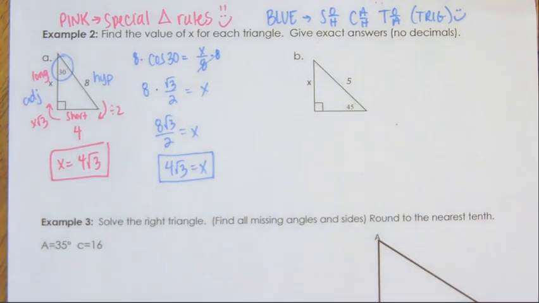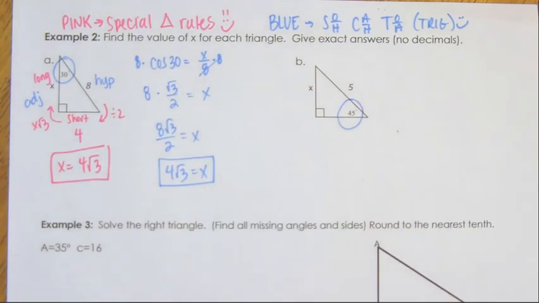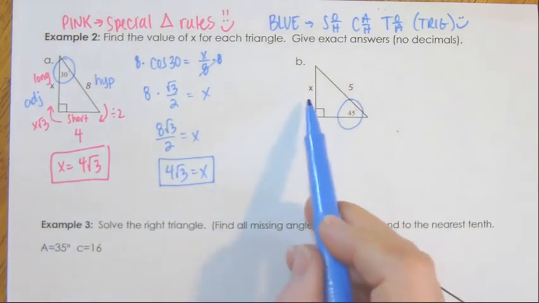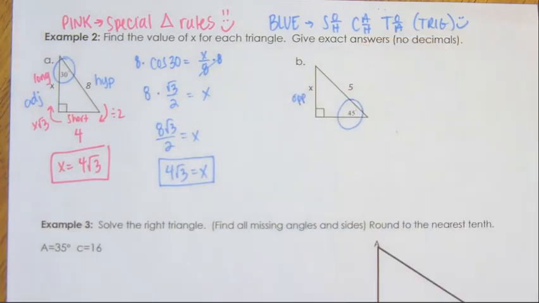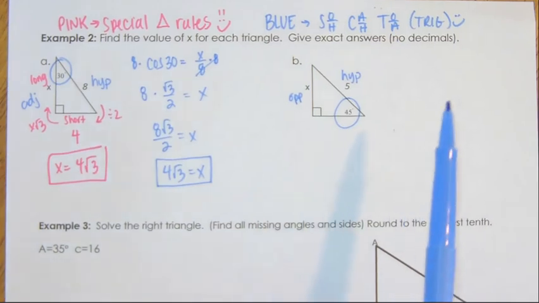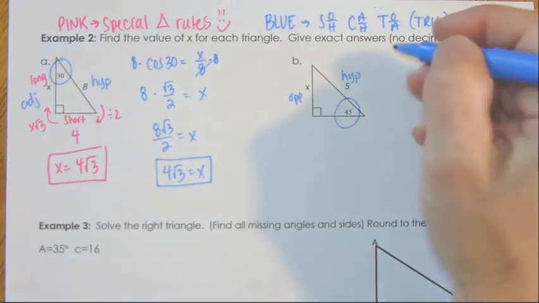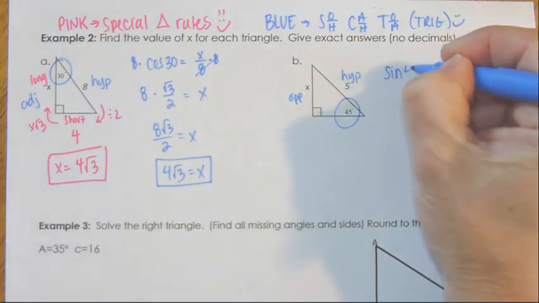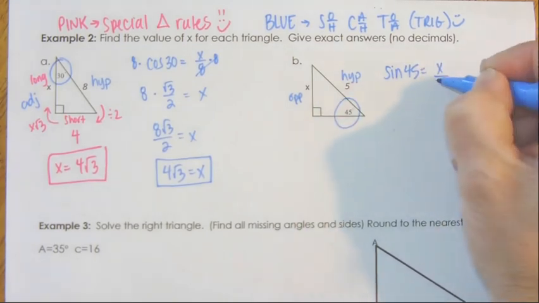Again, I'm going to start with the trig, and I notice I have a 45-degree angle. This x would be opposite, and the 5 would be the hypotenuse. So if I look at my trig, sine uses opposite and hypotenuse. So I'm going to do sine of 45 is equal to the opposite side, which is x, over the hypotenuse, which is 5.